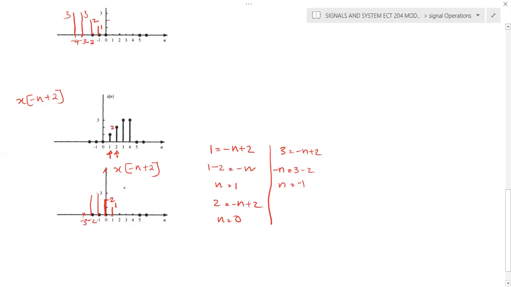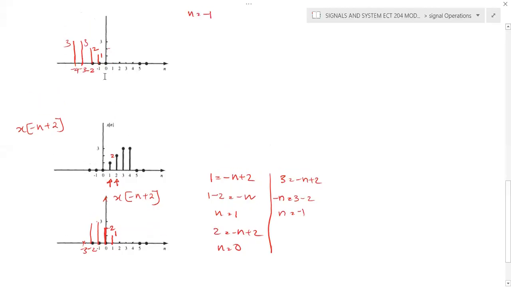If you observe this particular graph, there are actually two operations: time reversal and shifting. To perform this signal operation, we need to shift the signal and do time reversal. If we compare with x of minus n, we already got x of minus n.